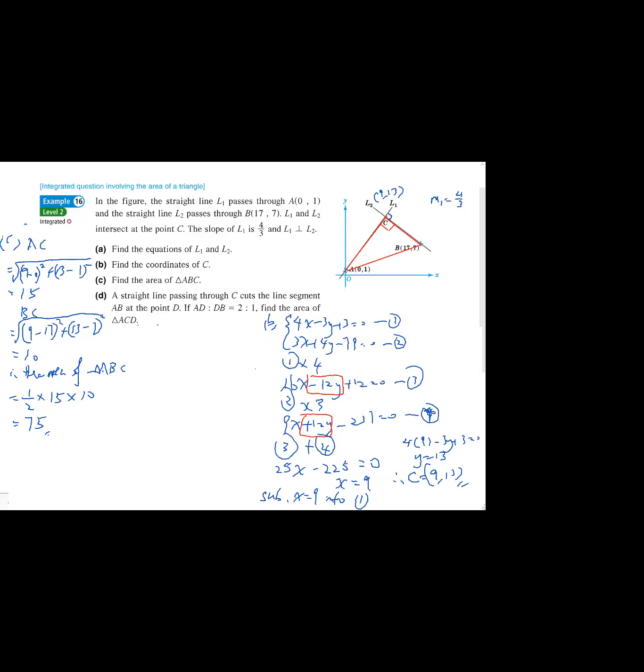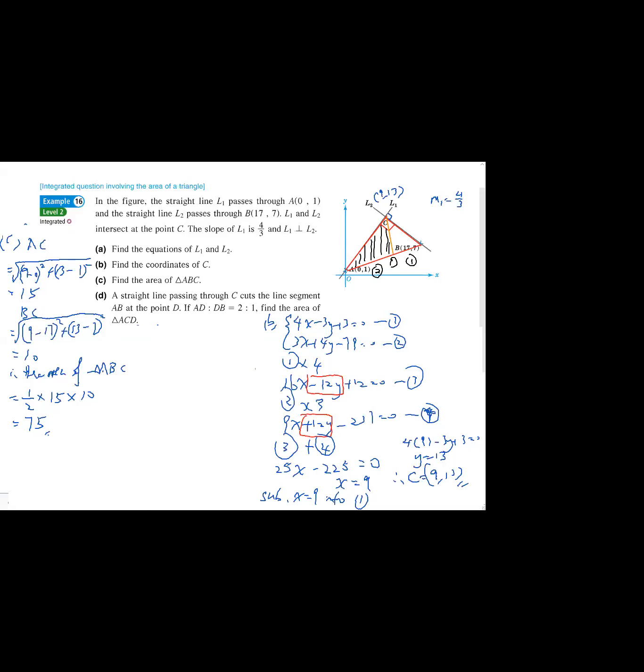It is somewhere here. Okay, this is point D, and then this is 2 to 1, right? And then the question asks you to find the area of triangle ACD. Triangle ACD is just this part.